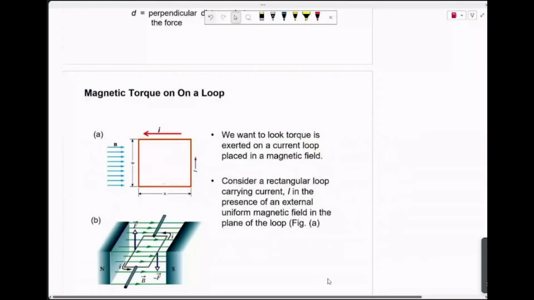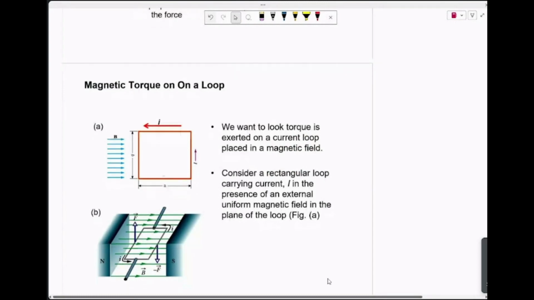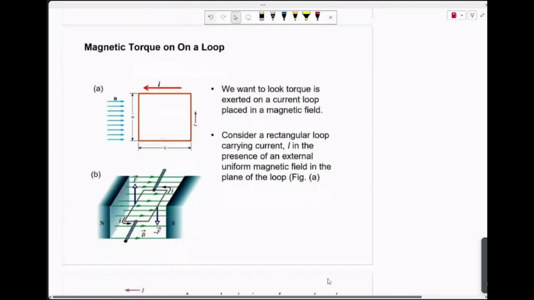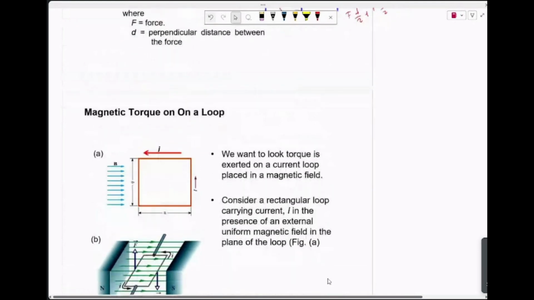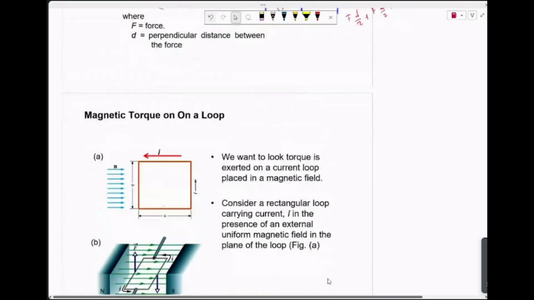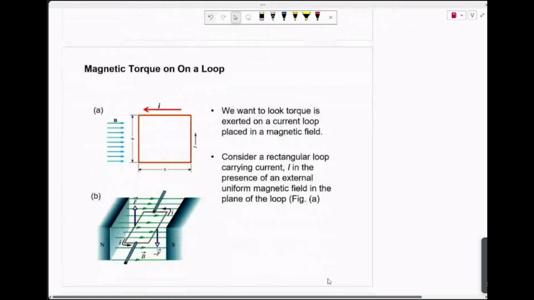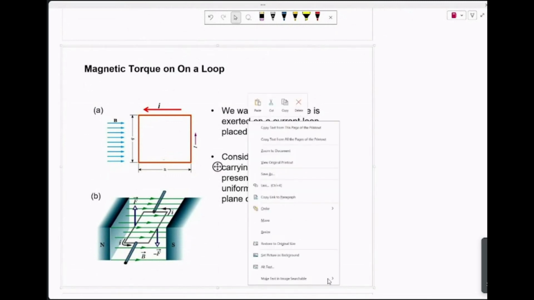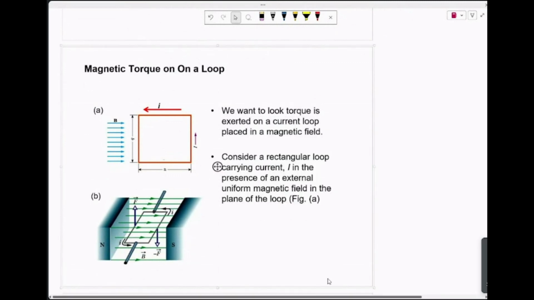Okay, so the thing that you need to know to identify the force, there's something that you have learned before. So only this time you need to identify each segment, the same as what we have done before. Okay, so in this case we have multiple segments.